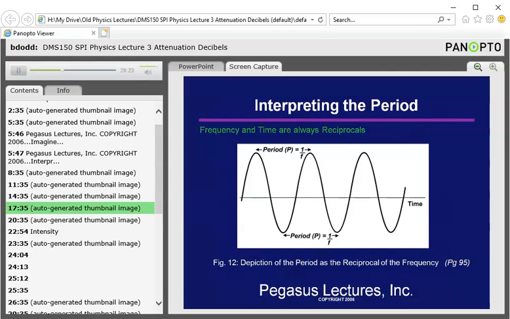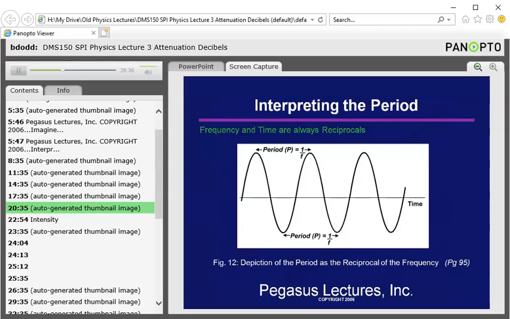Our signal has decreased by 3 decibels, then by 10 decibels to this point, then down to 1/100th, 20 decibels. So the strength of the signal has decreased. Does that make sense?